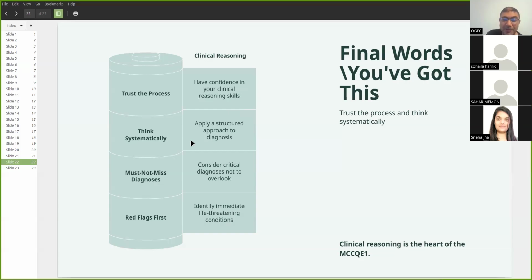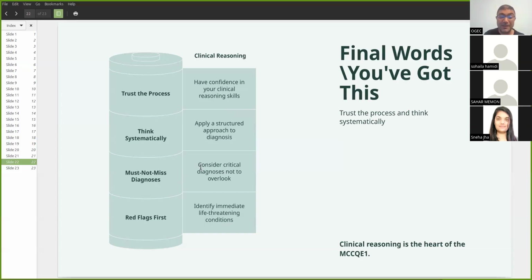And you have to apply a structured approach to diagnosis. You can consider the critical diagnosis, which we should not miss. The ones that are life-threatening, and if we miss them, the patient's life will be in danger.